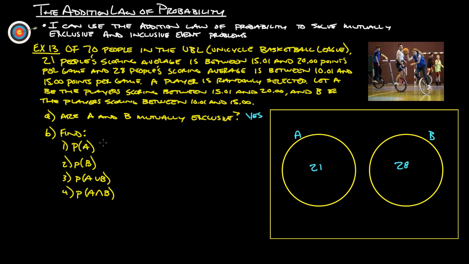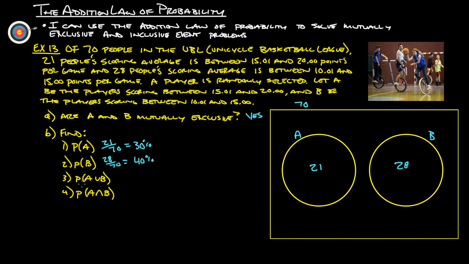That would be 21, assuming we're picking from everyone, of the 70 total people. So 21 of those people are in A out of the 70 total, and that gives us 30%. The probability of B, the people that are in B, would be 28 out of the 70, and that gives us 40%.